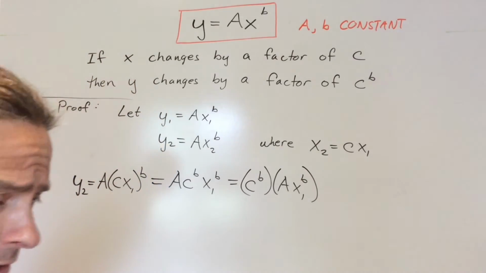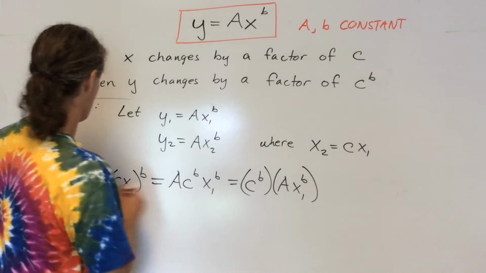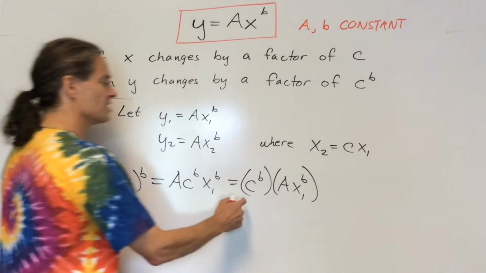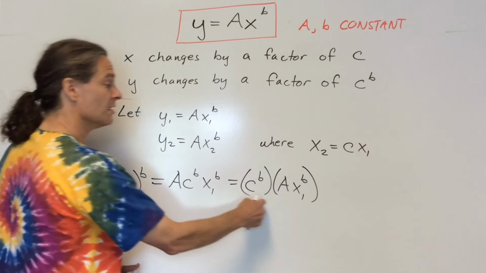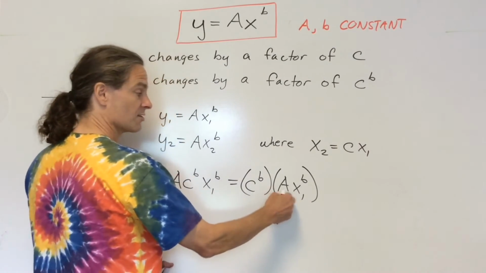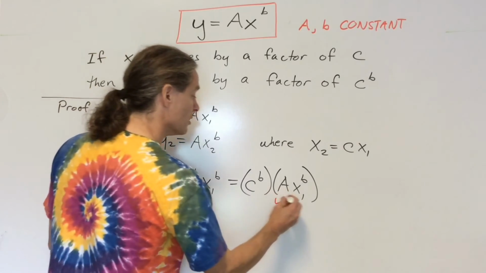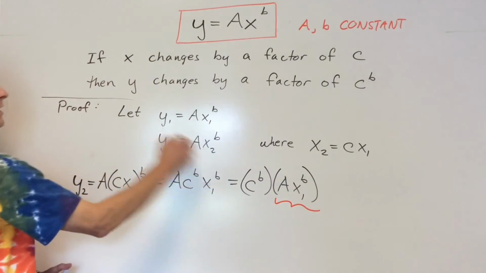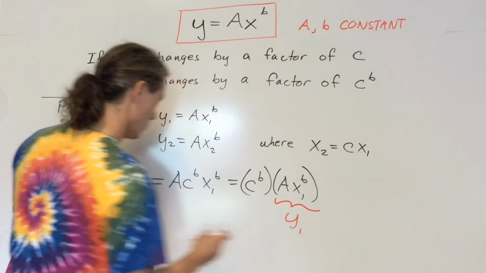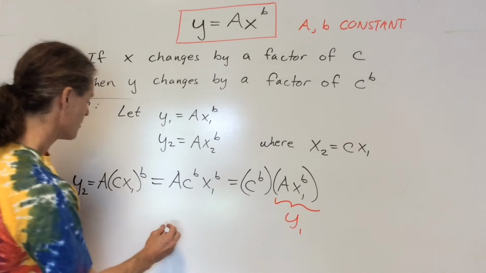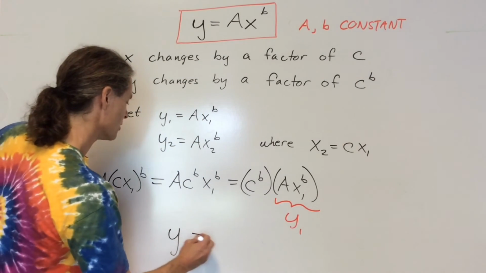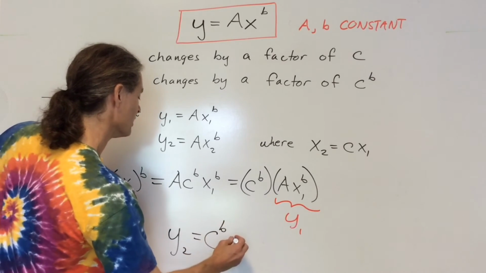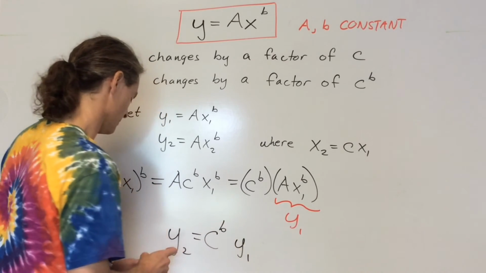Look at what we've got here. We've got that y2 is equal to c to the power of b times this stuff, a times x1 to the power of b. Oh, but that, look here, that was y1. So we've shown that y2 is equal to c to the power of b times y1.